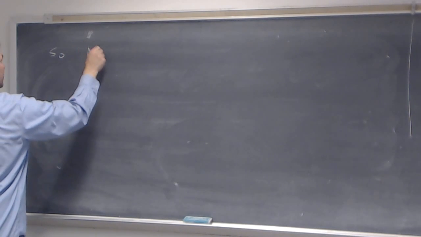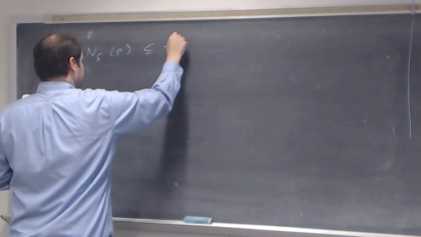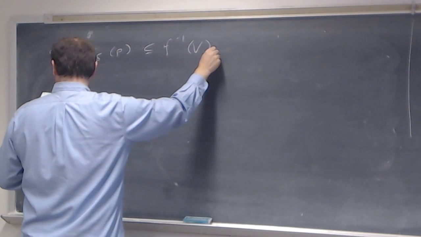So the neighborhood of radius delta of p is contained in this inverse image.